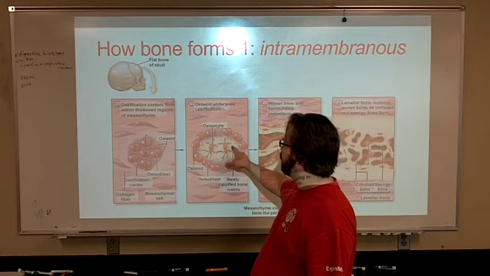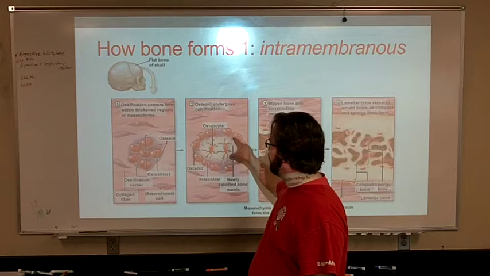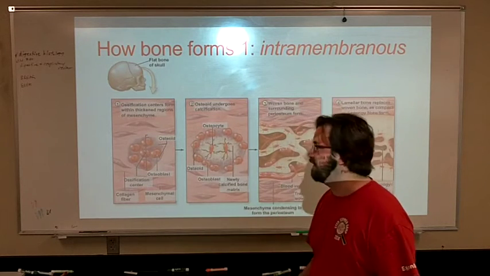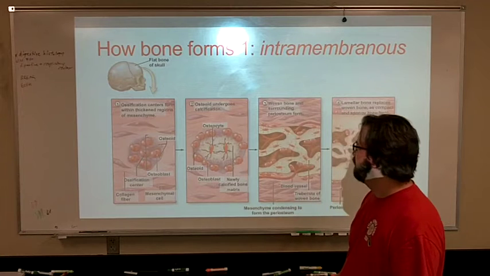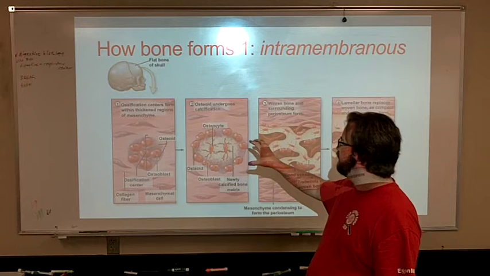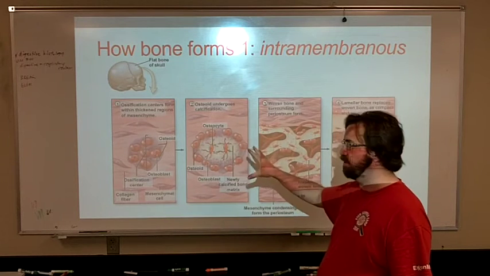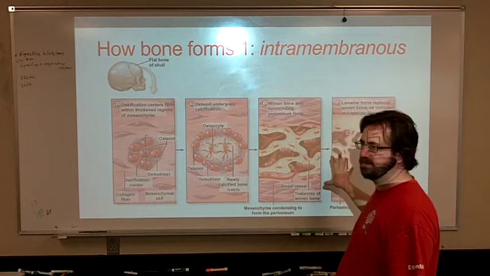And so this place where you have osteoid being secreted on the outside and calcification happening on the inside is called an ossification center. One of the things that distinguishes intramembranous ossification is that these ossification centers don't happen in just one place. They're scattered throughout the membrane.